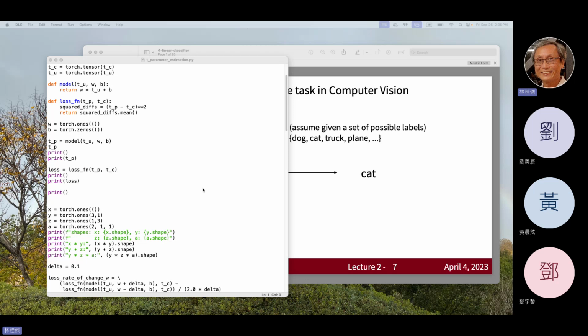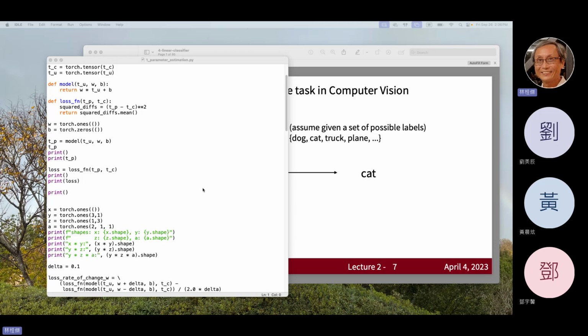Then you can see that we simply send it to the model, giving this initial T_u, W and B, and you will produce a prediction. We already defined this model here, and you will produce a prediction.